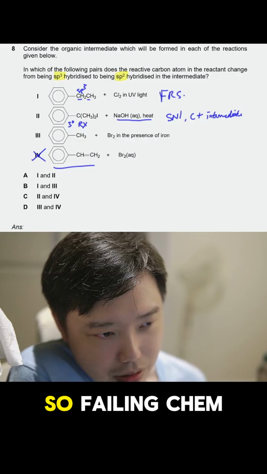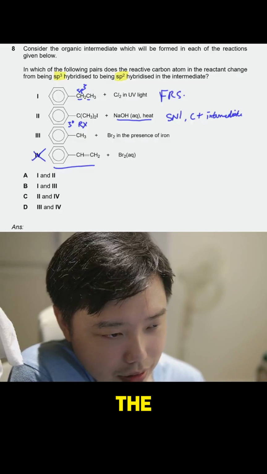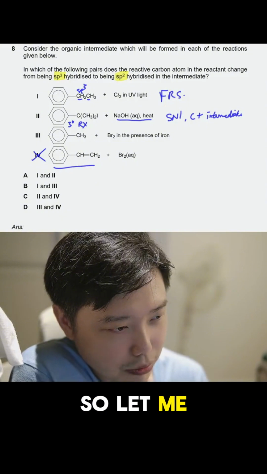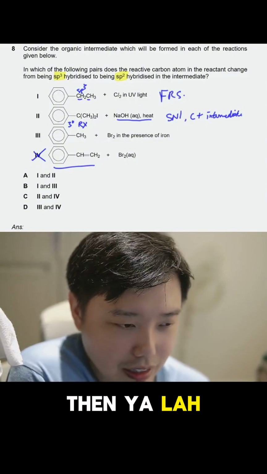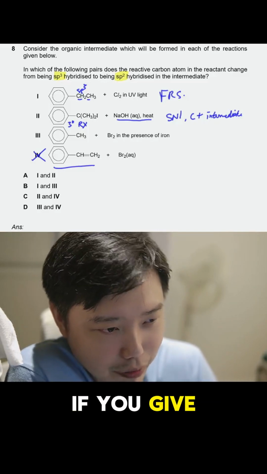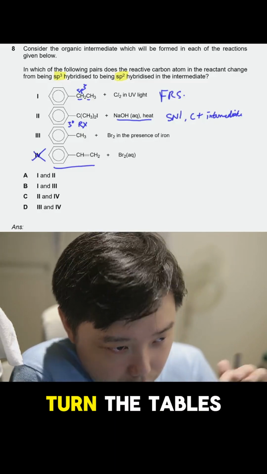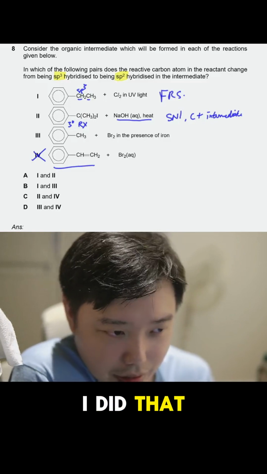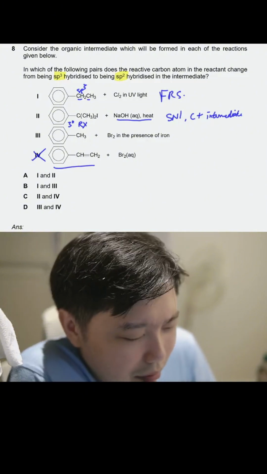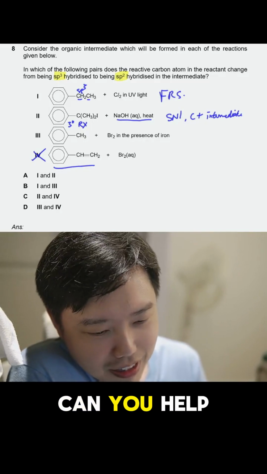Failing chem, or your WA or whatnot, is not the end, unless you decide that, oh, I'm no good, I failed, so let me not try. If you do that, then you will be a failure, kind of, if you give up. But if you keep on persevering, you can probably turn the tables. I did that as well. I just persevered and studied, and basically I grabbed any friends that would teach me and asked, hey, can you help me in my chemistry?